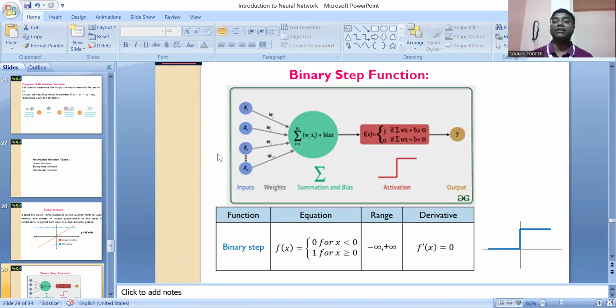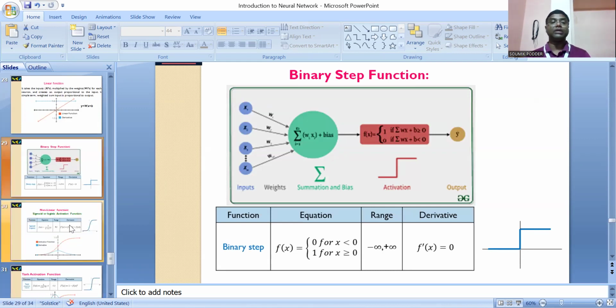So the activation function derivative will also be 0. As it has two fixed levels, we cannot go for any other small levels. Whatever the inputs, it will produce only two fixed outputs.